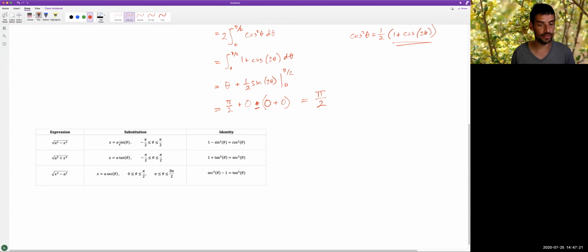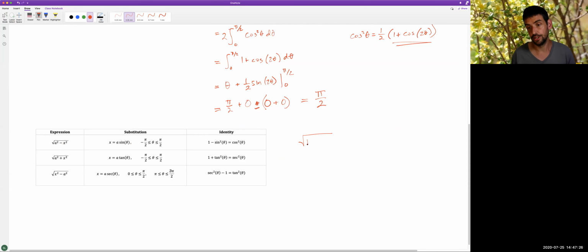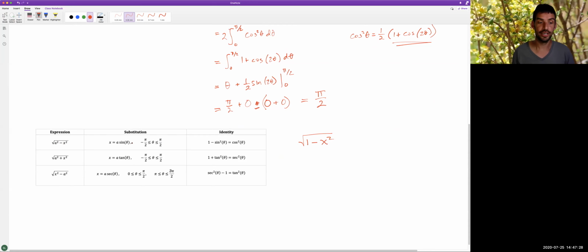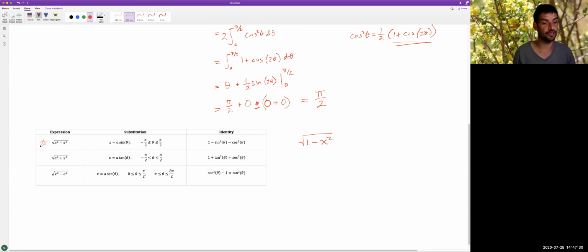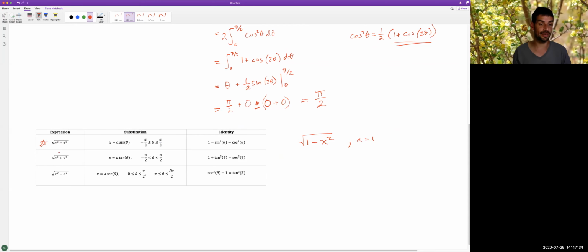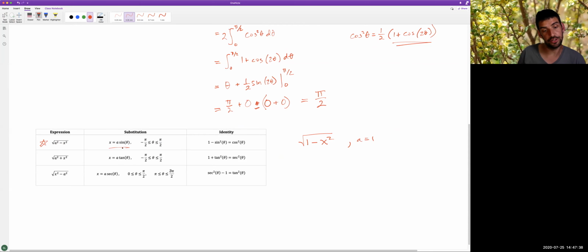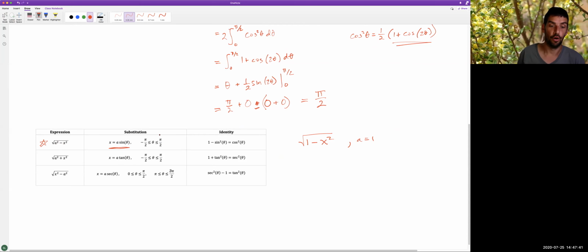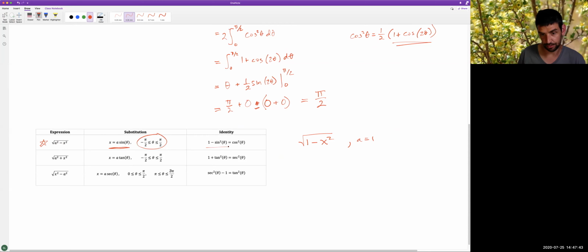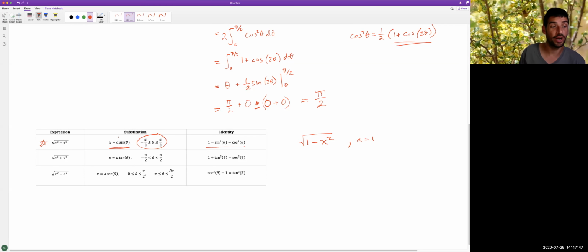It tells you what substitution to make. So for instance, in the one we just did, we had 1 minus x squared. This was like this first expression, where a equals 1, because then a squared minus x squared is 1 minus x squared. So we were using that form, and we used this substitution over this interval, and then we used this identity to get rid of the radical.